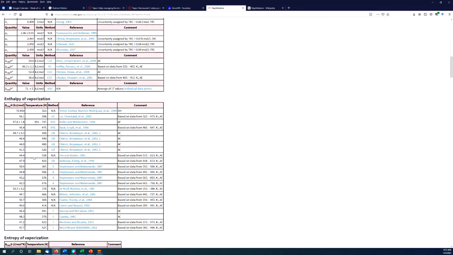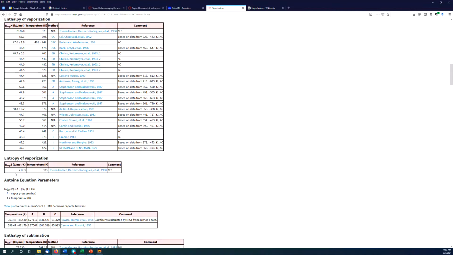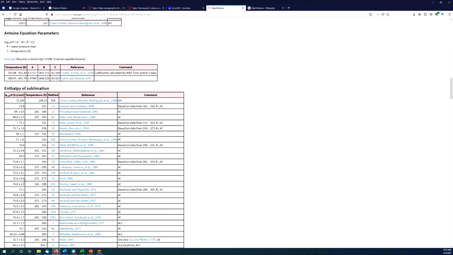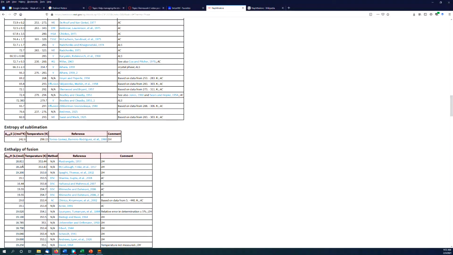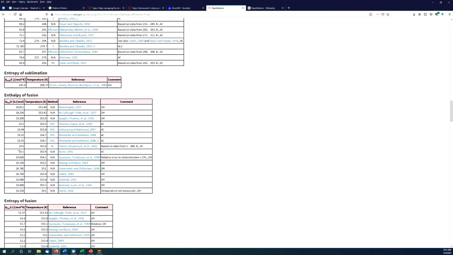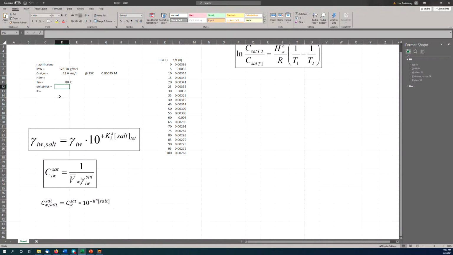And if I scroll down, delta H of vaporization's here, and delta H of sublimation, and somewhere here is delta H of fusion. And again, you can see a lot of different numbers, but clustering around 19 kilojoules per mole. So we'll use a value of 19 kilojoules per mole. And we'll get to the Setschenow constant in a minute.